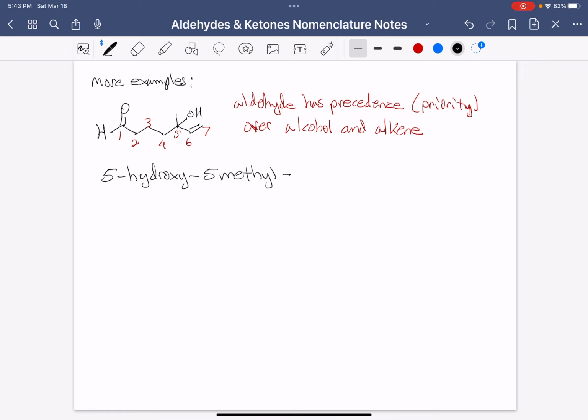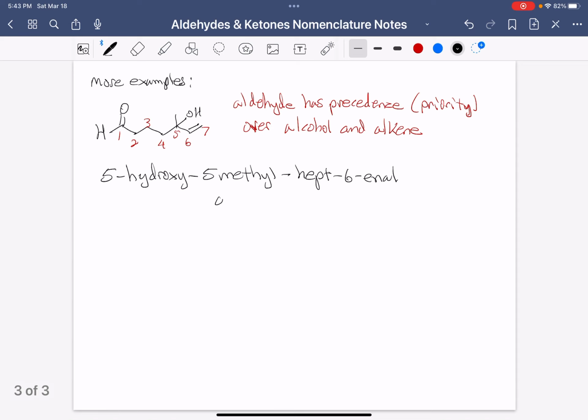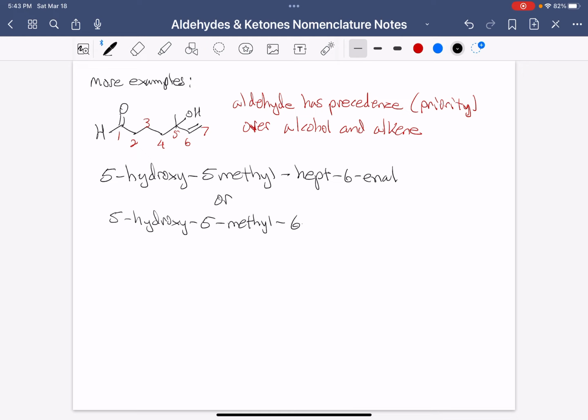But sticking the 6 there is pretty explicit, it's referring to the ene.